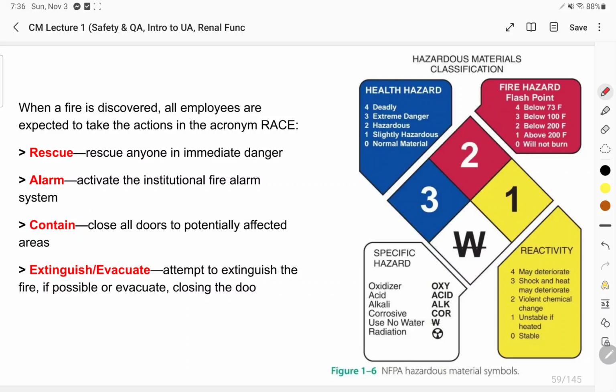From 0, it is stable; for fire, it won't burn; and for health hazard, it is normal, not hazardous. Okay, so it gets higher, 4 being the extreme. So please also take note of the descriptions per number. Okay, so that is for your NFPA hazardous material symbols.